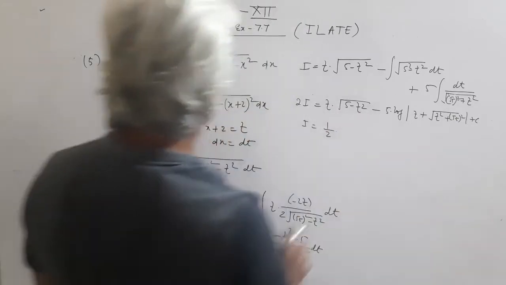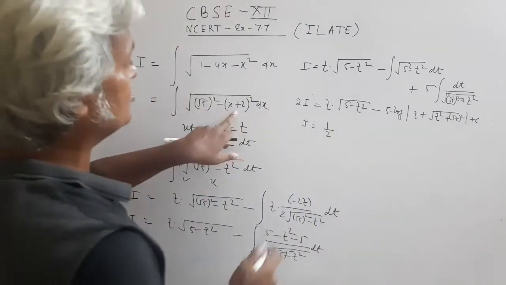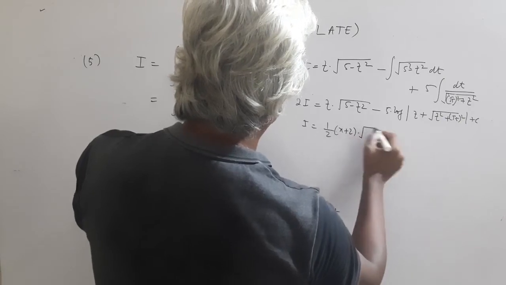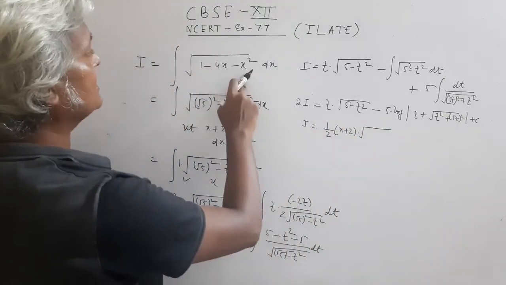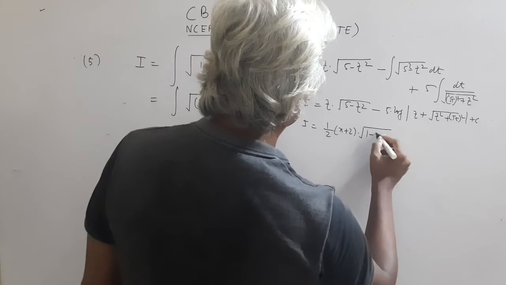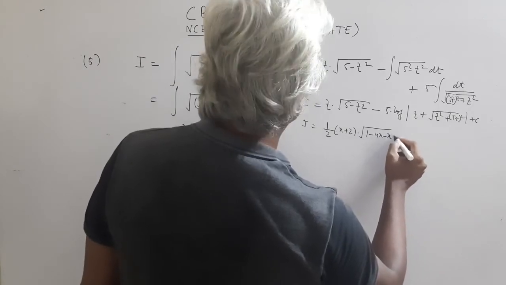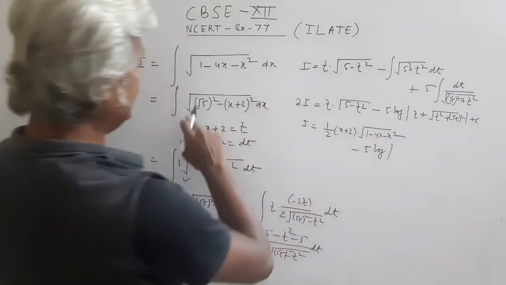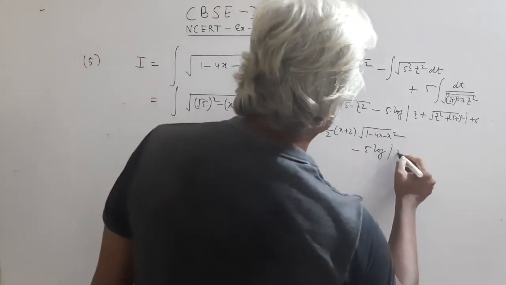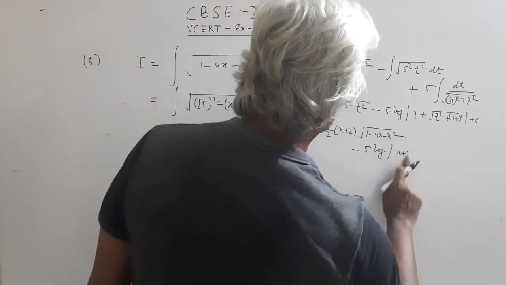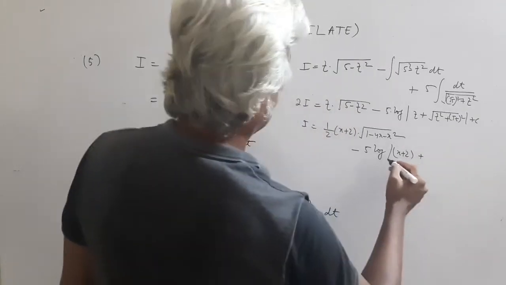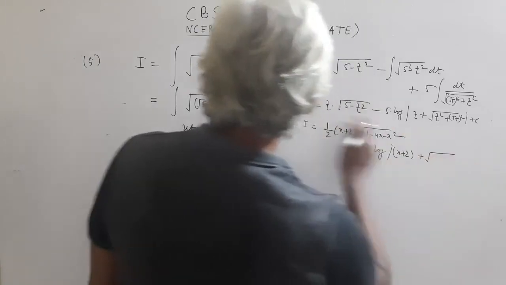Now in place of t, what is t? t is x plus 2. So write this as x plus 2 and under root 5 minus t square is nothing but the same thing, that is 1 minus 4x minus x square, minus 5 log of t, which is again x plus 2, plus under root this whole thing.